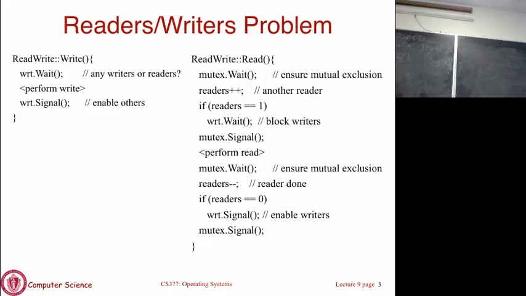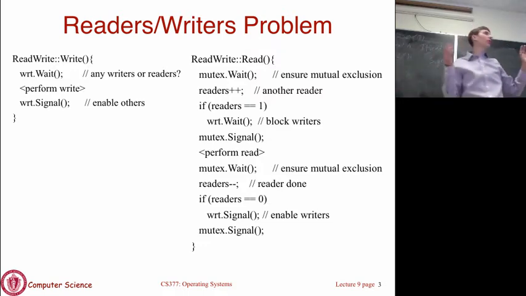So then, the reader is going to perform the read, and then take this mutex lock again, subtract 1 from the count of the currently active readers, and then if readers is 0, what does that mean? If we're a reader here and we get down here and the value of readers is 0, what does that mean? Yeah.